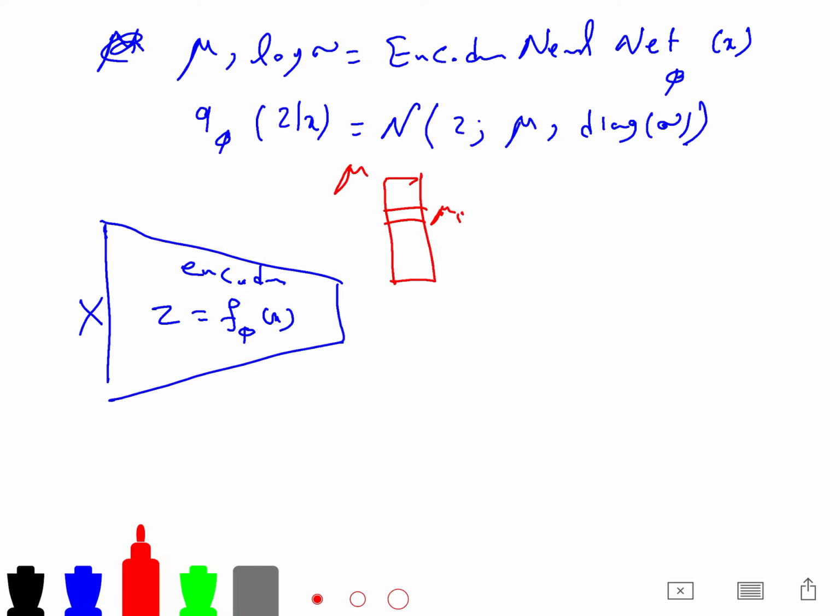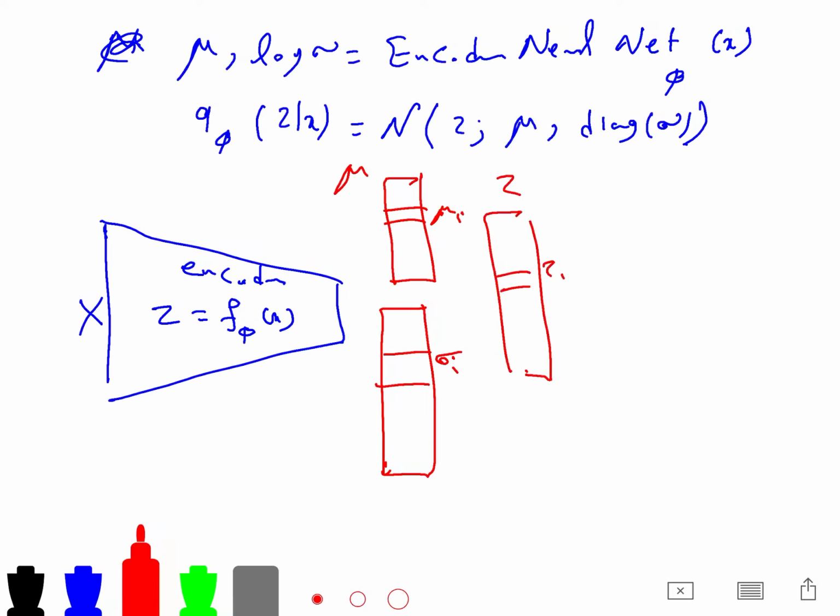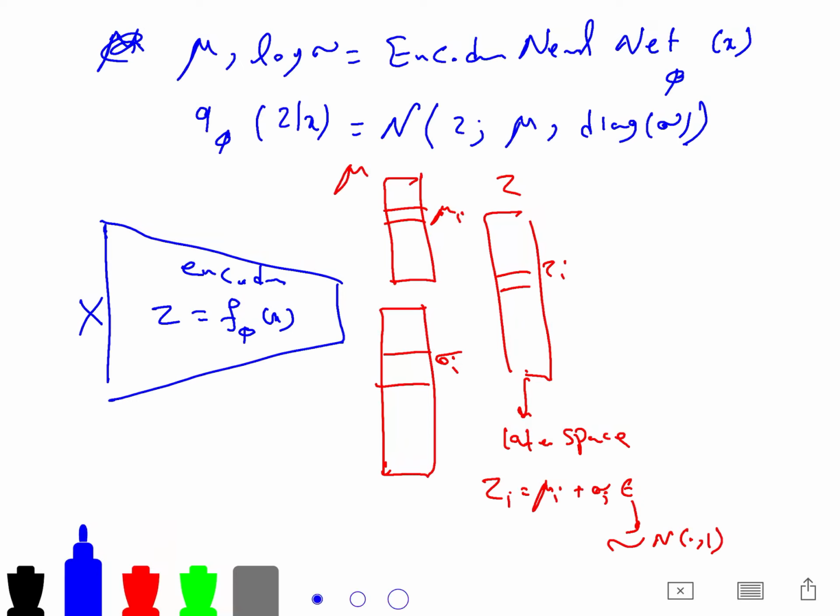For example, this is mu I, and this is sigma of I, and your z is here, zi, your latent space, and zi is just mu I plus sigma I epsilon. Epsilon, you sample it, you draw from normal distribution 0 and 1, and here you get your decoder.